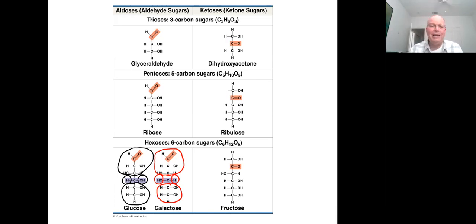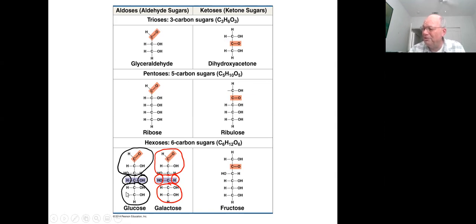There is, in fact, a whole family of mirror image isomers that are associated with the basic hexose conformation, because if you go down through the carbons, what you'll come to realize is that this carbon is asymmetric, this carbon is asymmetric. We've already said that this carbon is asymmetric. This one is asymmetric.